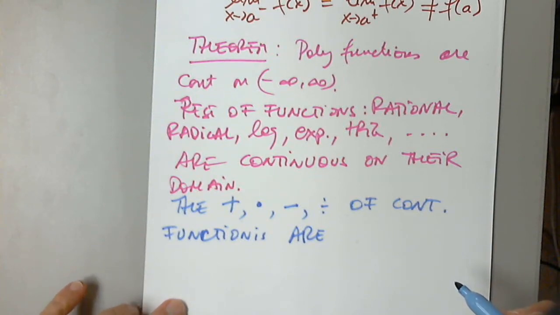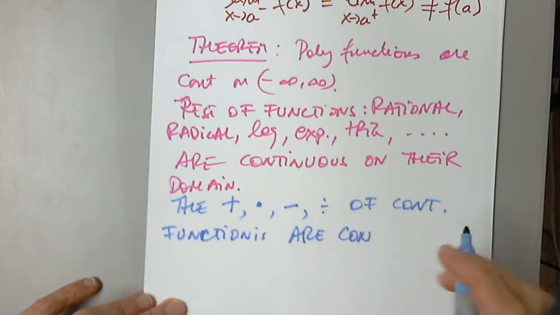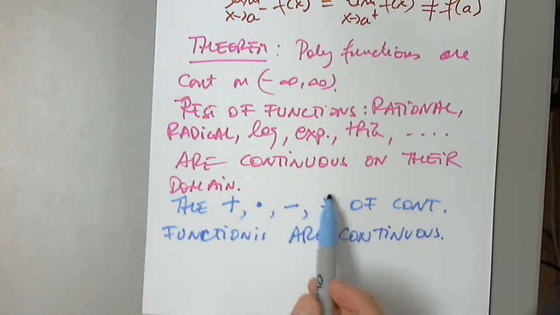What do you think the result is? What type of function? Of course. If I multiply or divide two continuous functions, the result will be continuous. Of course, on the domain, especially for the ratio. So just be careful with the ratio. But any combination of continuous functions is also continuous.